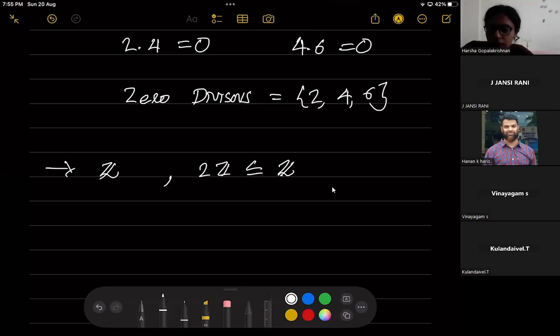Here, just using the definition, we can say 2Z is a normal subgroup of Z. What are all the possible left cosets of 2Z?